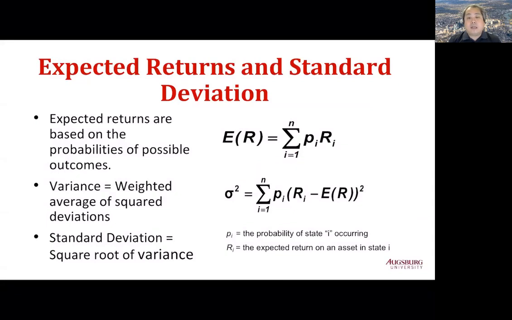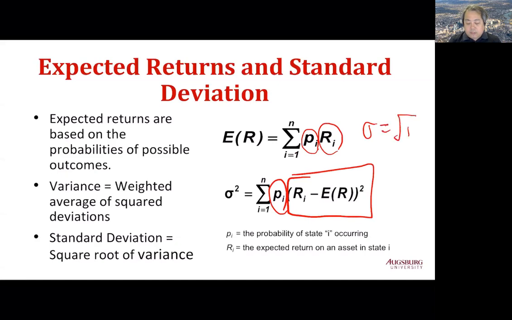If we have unexpected returns, expected return in each scenario, expected returns are sum of probability of each scenario times expected returns. The variance is probability of each scenario times square deviation from the expected return, and then the deviation is square root of variance.